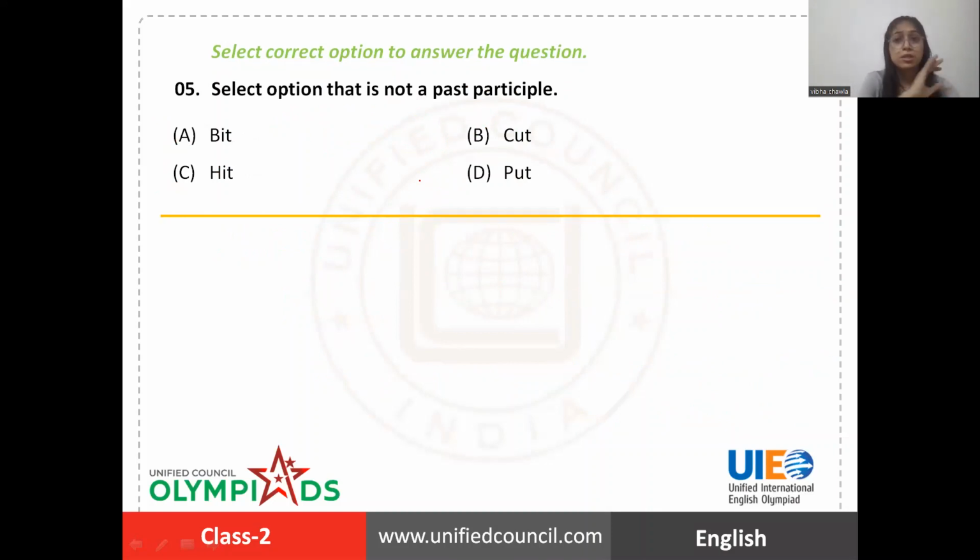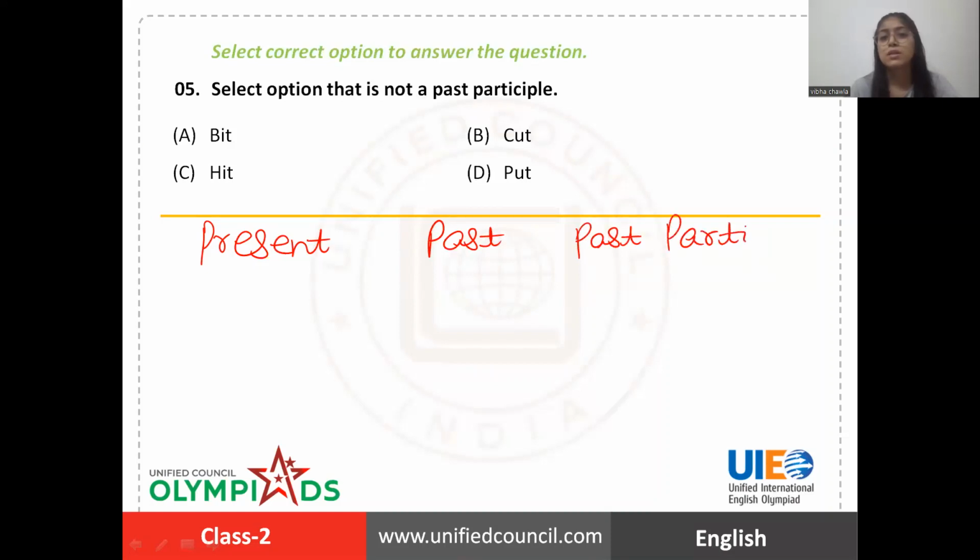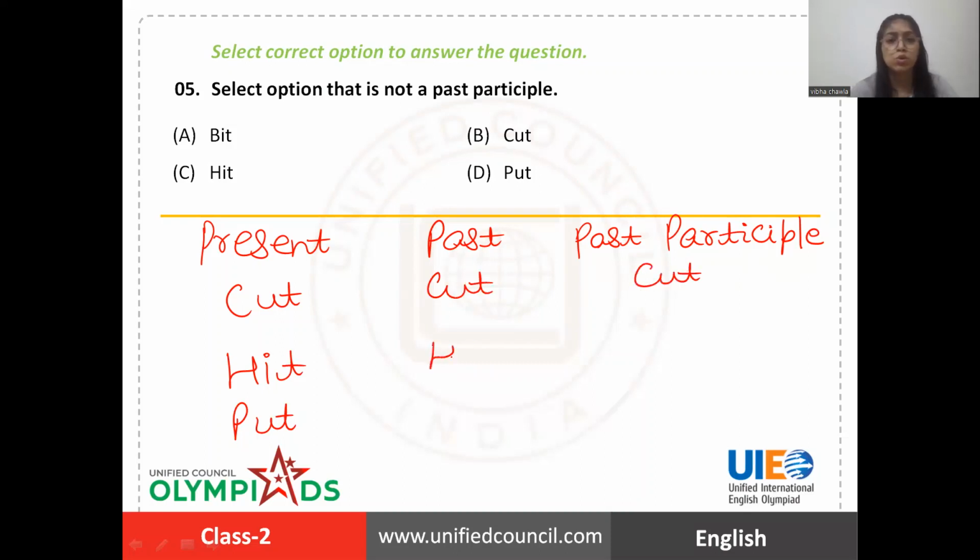Now, next one, we have question number 5. Select the option that is not a past participle. So there are 3 forms of verbs: present, past, and past participle, right? If I talk about cut or hit or put, it is the same in past and past participle forms also.